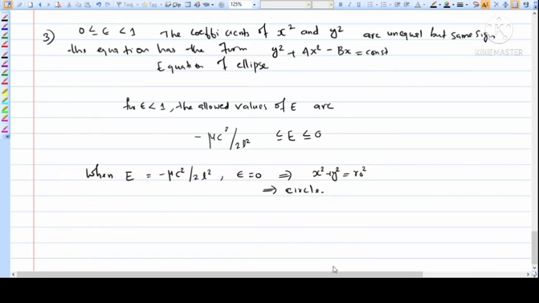So when this condition is satisfied, the planet will revolve around a circle. So the orbit is circular in shape. So the ellipse will degenerate to a circle in this case. We will discuss hyperbolic orbits in more detail in the next session. So this is about planetary motion.